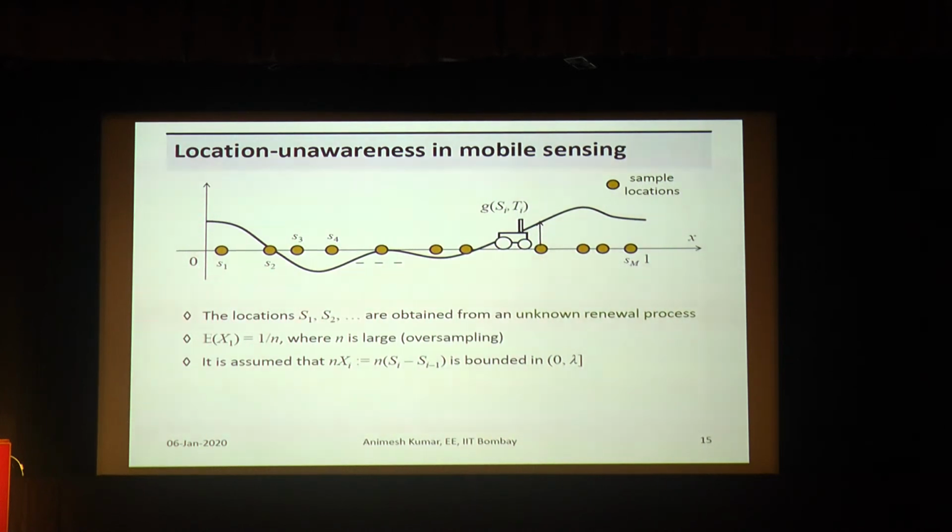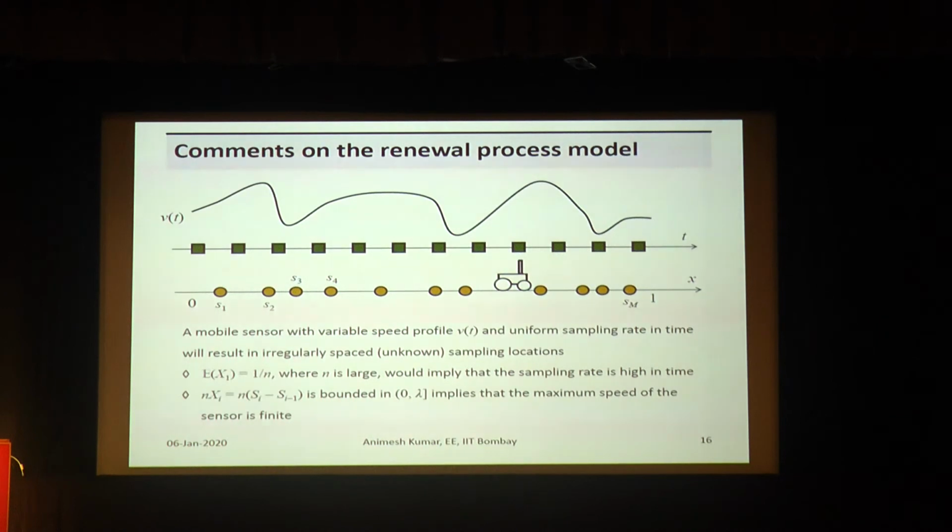So what exactly does it capture? In our mind, it captures the fact that the mobile sensor moves at a finite velocity. It cannot move arbitrarily fast. Let us say the velocity or speed profile of the mobile sensor is given by v of t, and it is sampling uniformly in time.